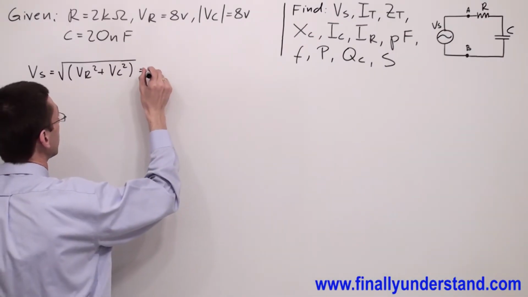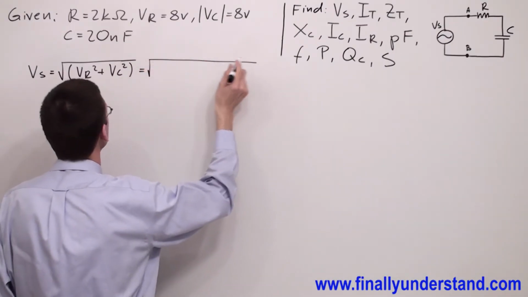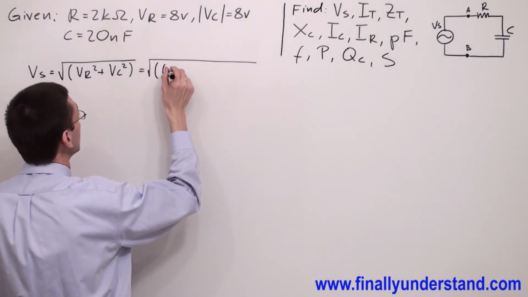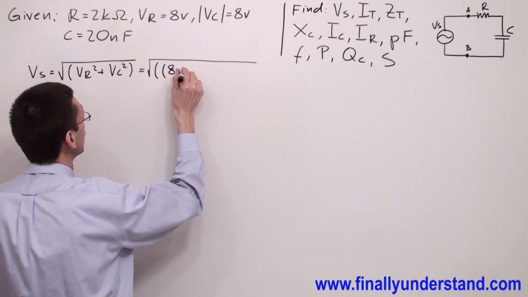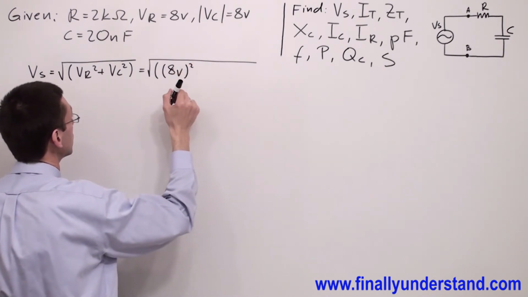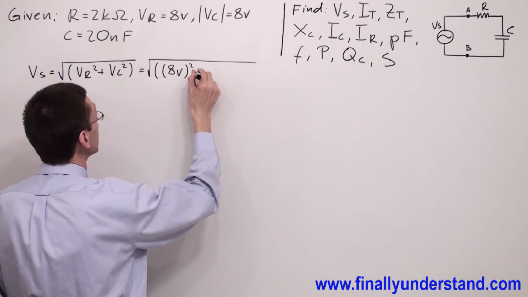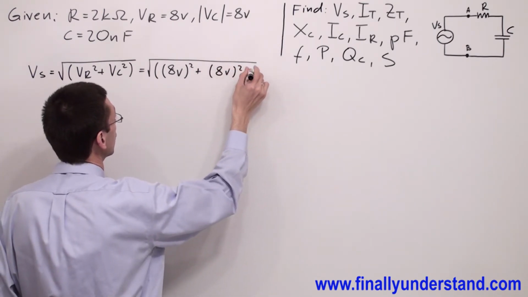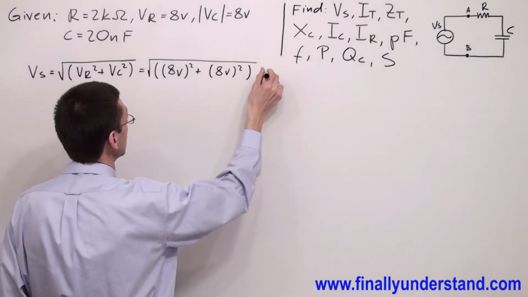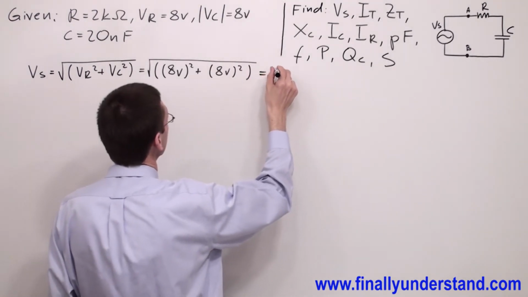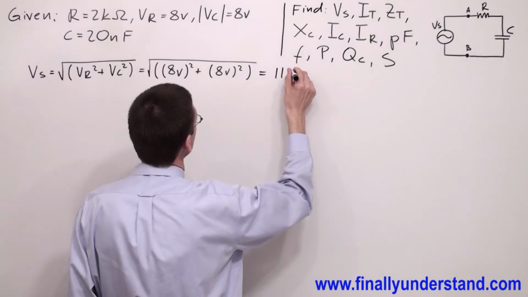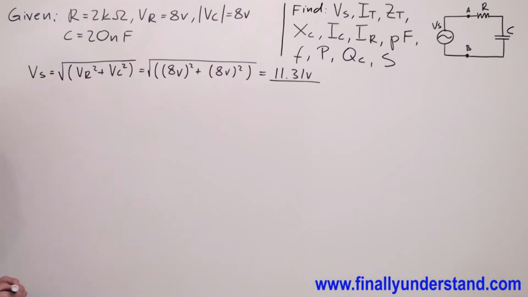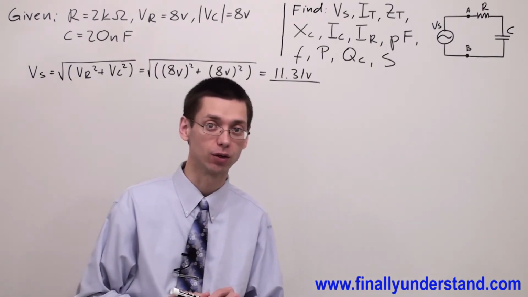This is equal to the square root of (8 volts squared plus 8 volts squared). This is equal to 11.31 volts.